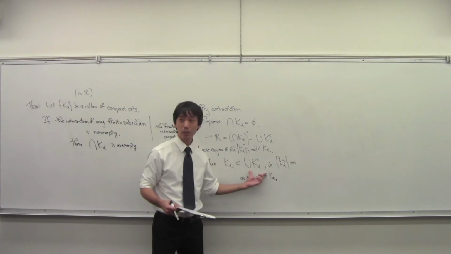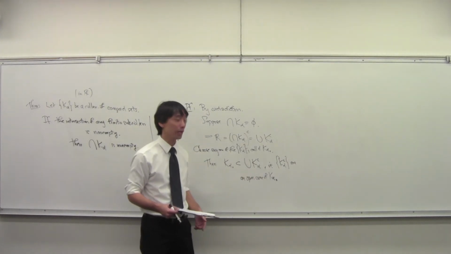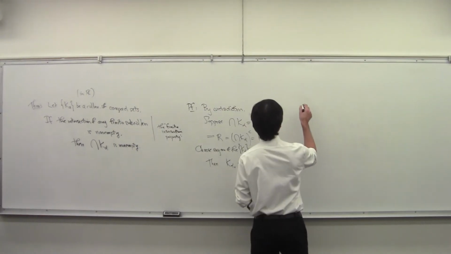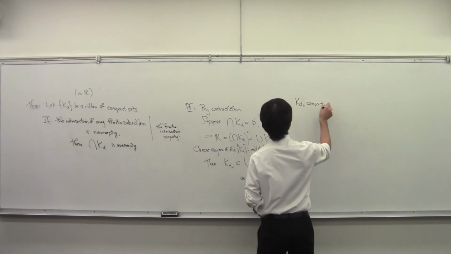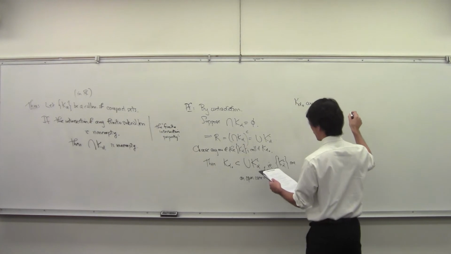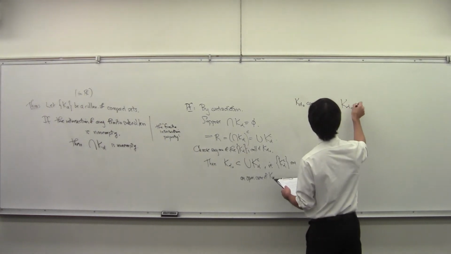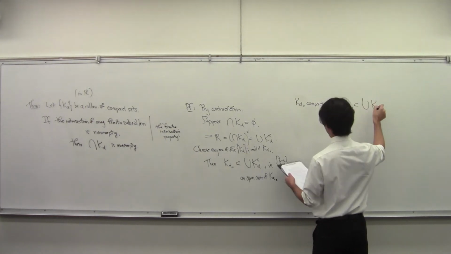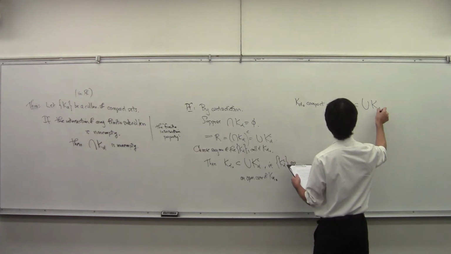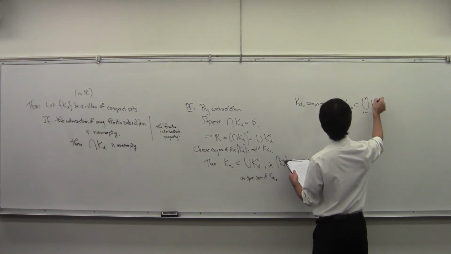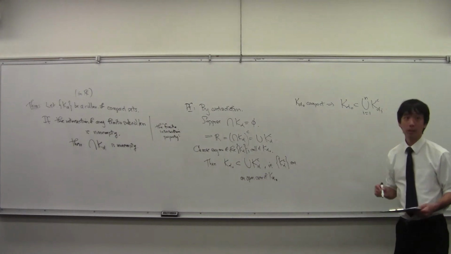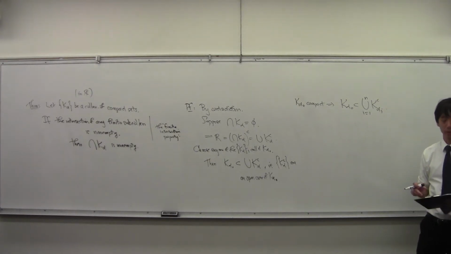But this is an open cover, and so there's going to exist a finite subcover. So K alpha naught compact implies that it's covered by some finite collection, the complements of K alpha i, from i equals 1 to n. There exists a finite subcover.